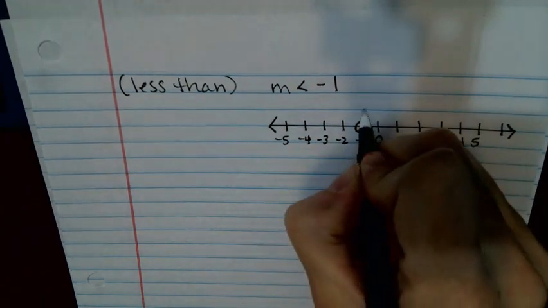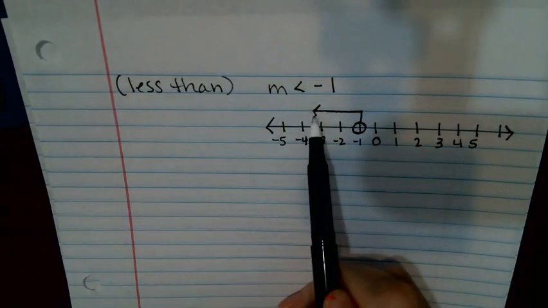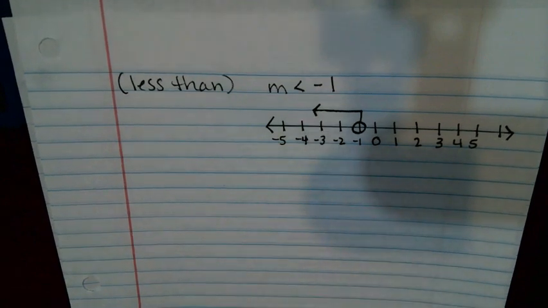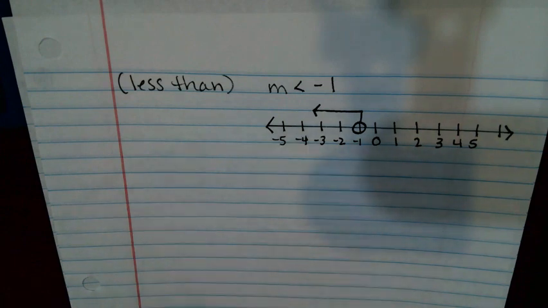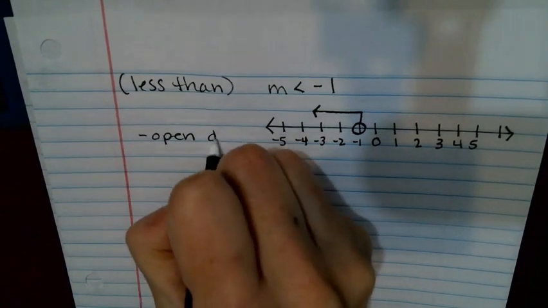And then I'm going to draw a line up, and I'm going to draw a line going to the left. And notice that I also put an arrow at the end of this line because really this can go to infinity. Okay, it's any number less than -1. And again, we have an open dot.